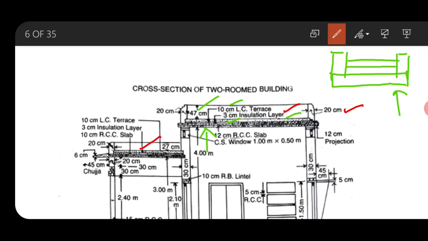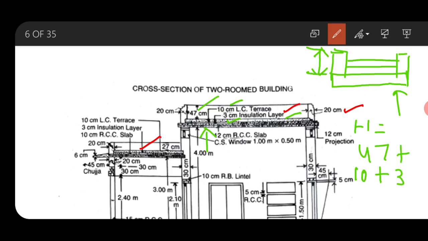So here it is given as 10 centimeter and 3 centimeter of insulation layer. So the depth of the parapet will be equal to this much. That means the total depth or height of the parapet will be equal to, for this case, 47 plus 10 plus 3.